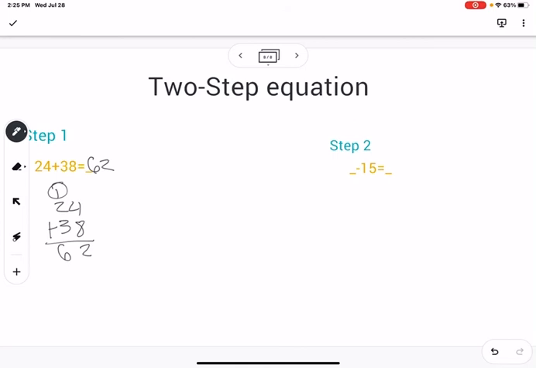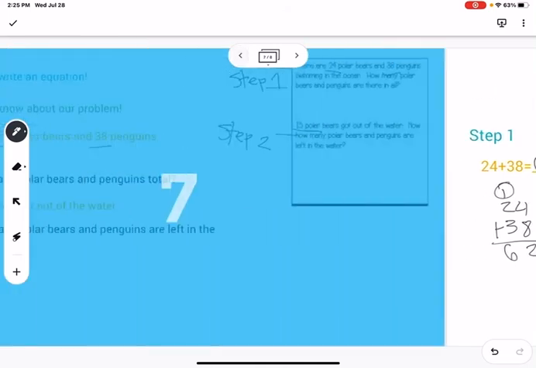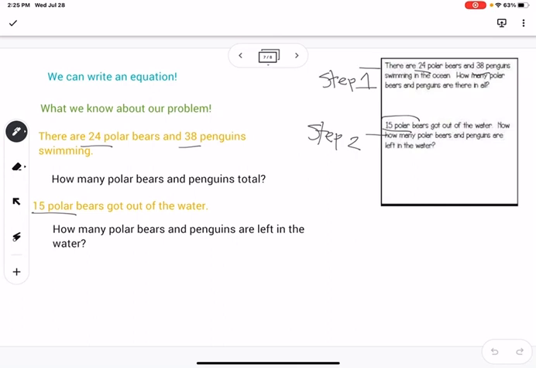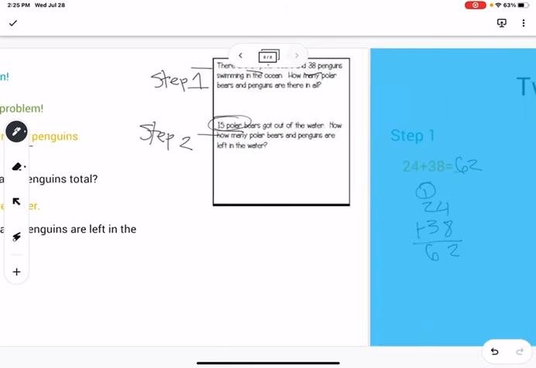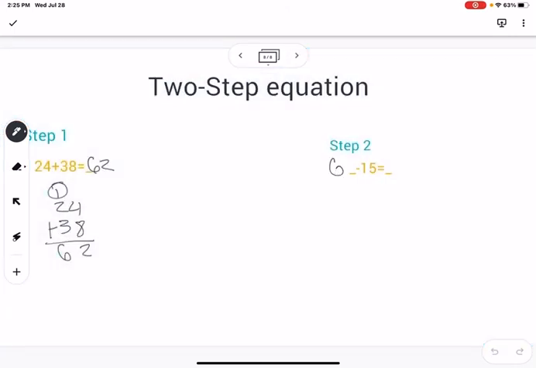So our step 2 to our word problem says that 15 polar bears got out of the water. How many polar bears and penguins are left in all? So we had 62 at first, and then minus our 15, since 15 polar bears got out of the water.